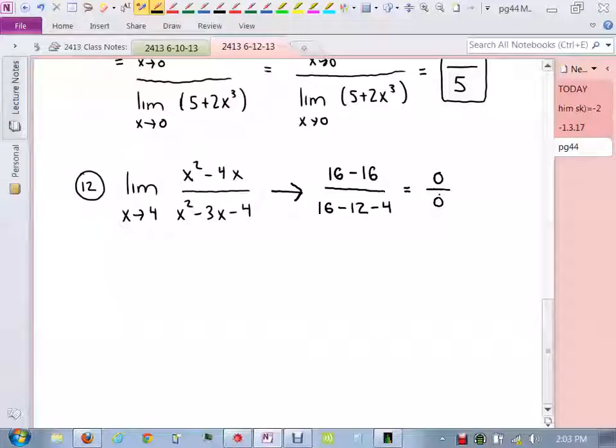And you are not allowed to divide by 0, are you? So that means the function is undefined there. If I looked at this as a function, call it f of x, then I'm trying to figure out what f of 4 is, and f of 4 turns out to be 0 over 0, which is undefined.